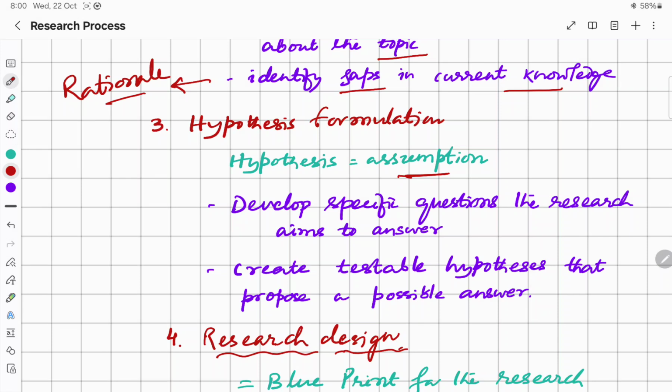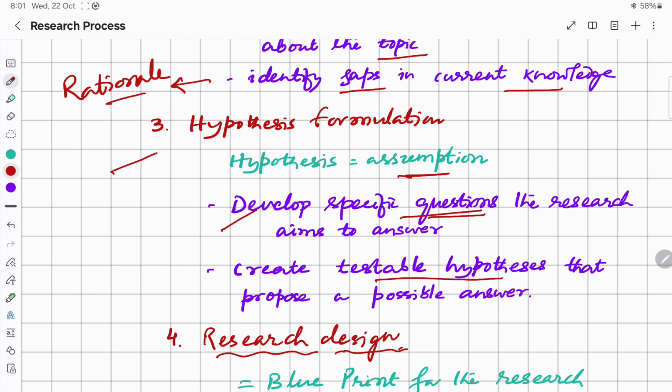We first need to develop specific questions the research aims to answer, then create testable hypotheses that propose a possible answer. So after developing specific questions, we can take one or two testable hypotheses so that we can get a possible answer.